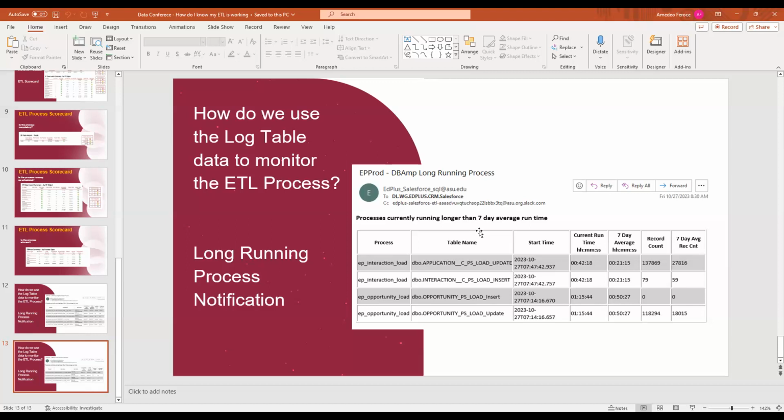Sure. So all of the error records are logged into a table. And a lot of times, in fact, this is a great question. I could have made another slide or two. But we actually have another report that goes out every day that has an attachment of all the error records. And a lot of times, the distribution list for that is our Salesforce admins.